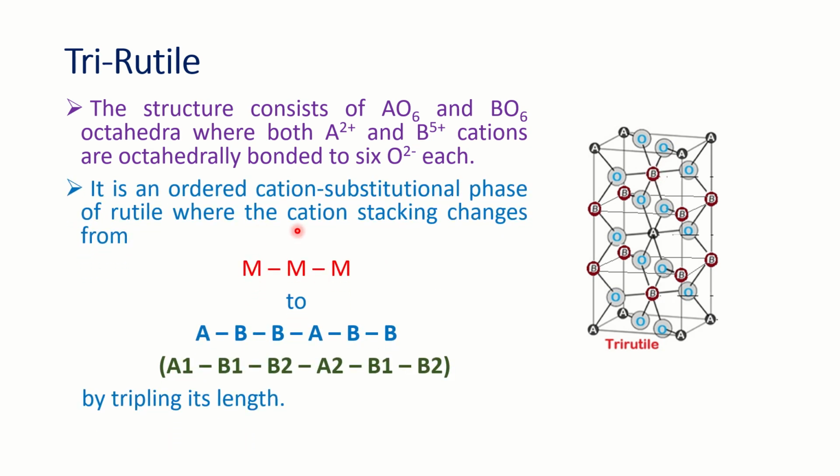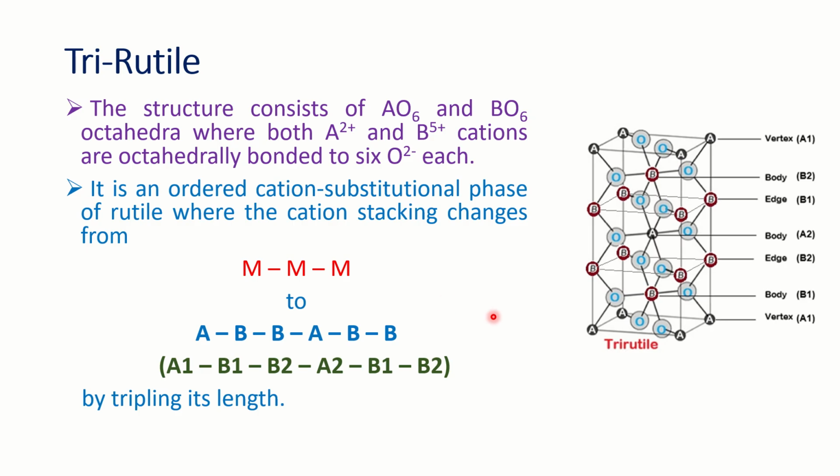It is an ordered cation substitutional phase of rutile where the cation stacking changes from MMM to ABB ABB. Look how ABB ABB. The four A cations on the vertex form the A layer.